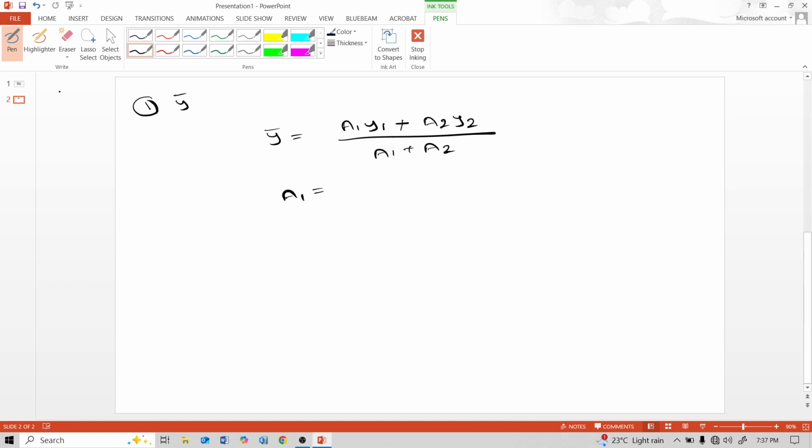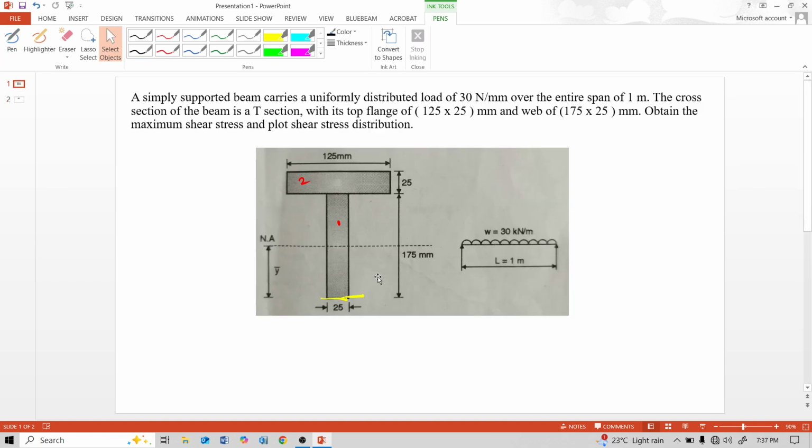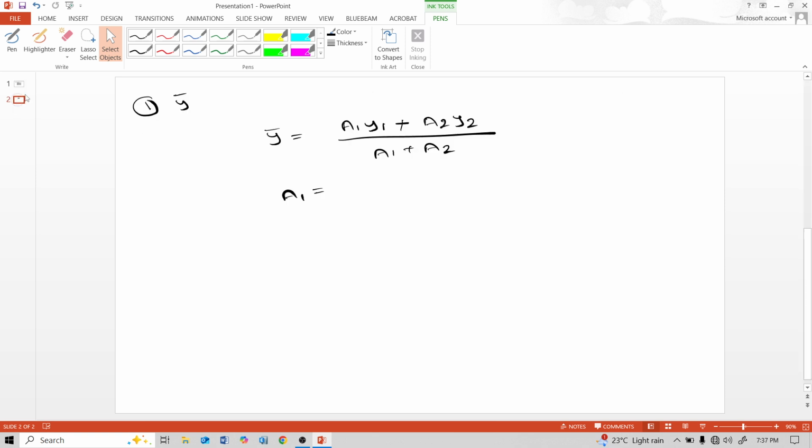Now this A1 is 175 multiplied by 25, 4375 mm square.